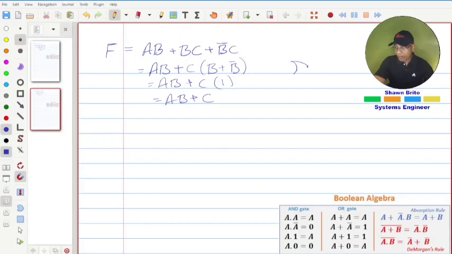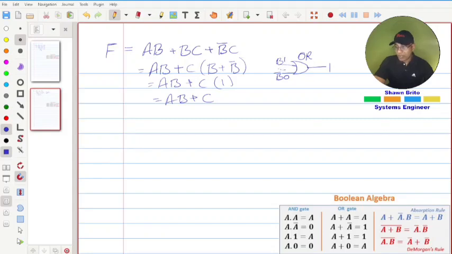So with an OR gate with inputs B and B bar, if B is 1, B bar is 0, and the output is 1, because one of the inputs has to be true.